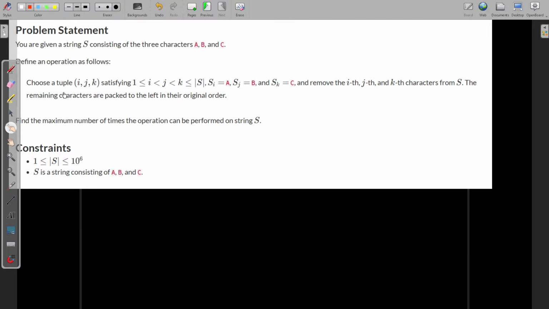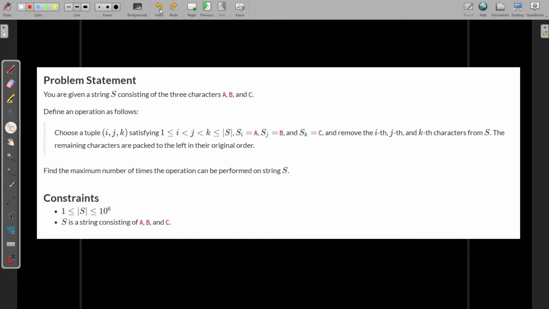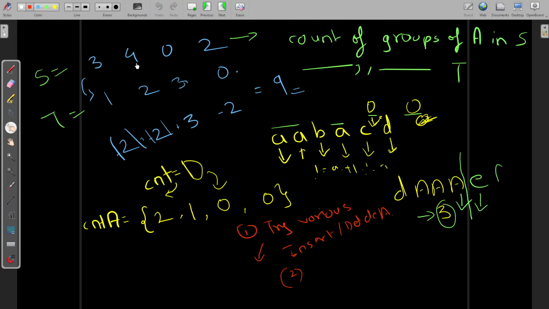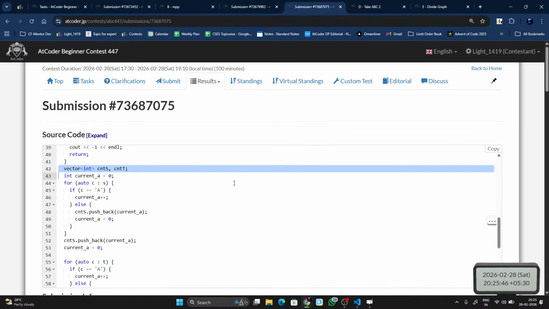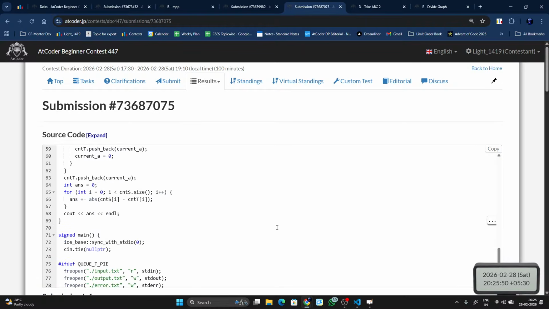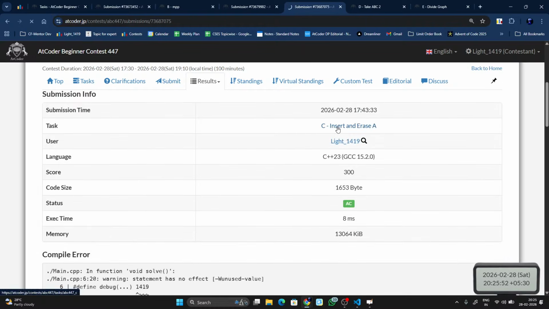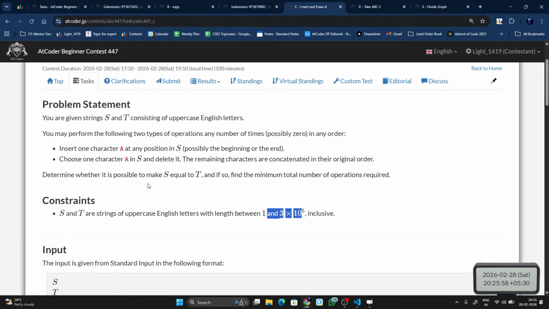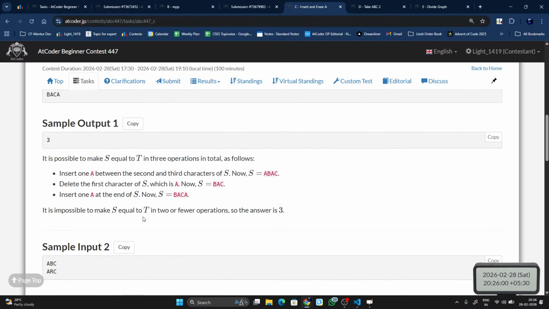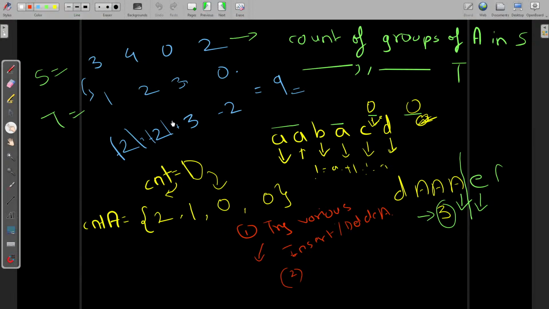So the problem says you have been given a string s. Okay, before that, let's discuss the time complexity of the previous solution. The size of the string was up to 3 pi, and so let's consider our n as 3 pi.